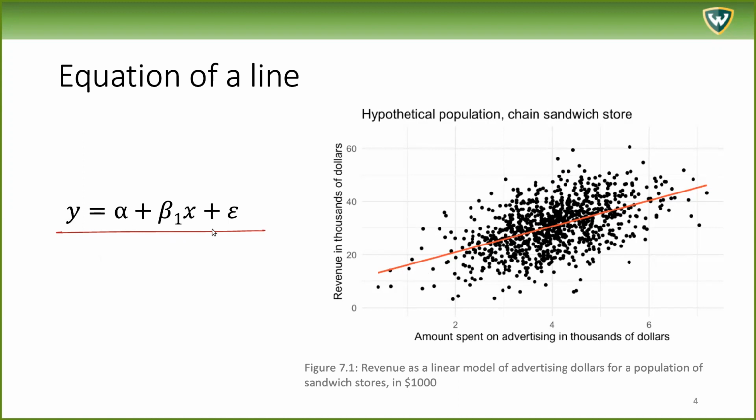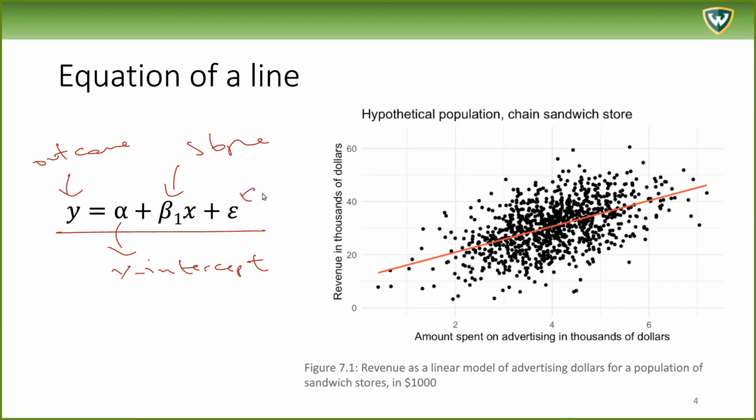So the y variable is the outcome variable. We have one item here. This is the y-intercept. And here's the outcome or response variable or dependent variable. The beta, this is the slope of the line. x is whatever the x value is.